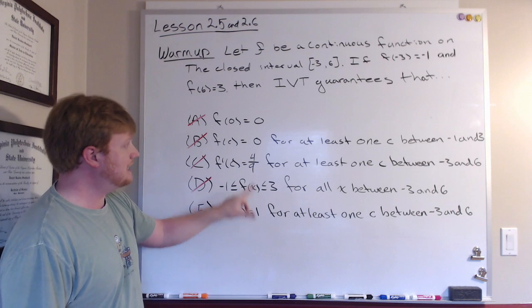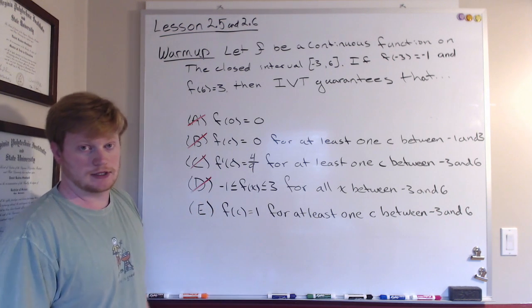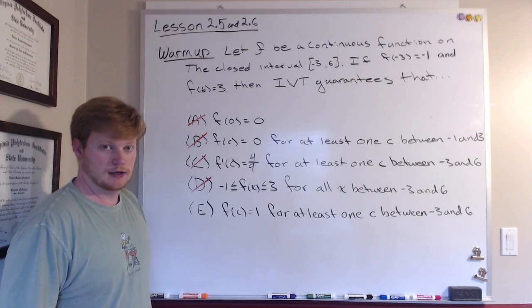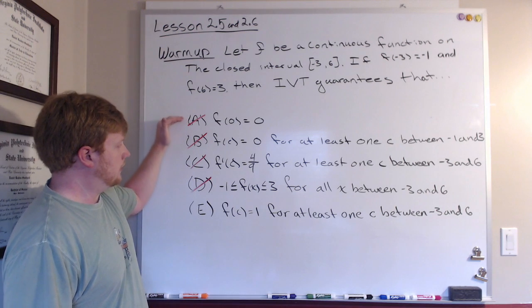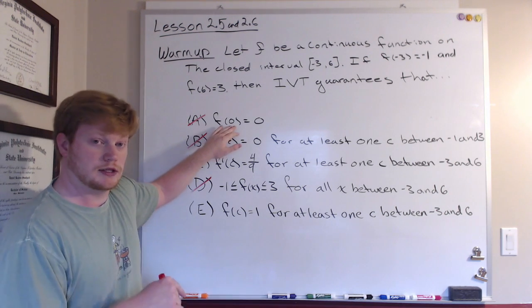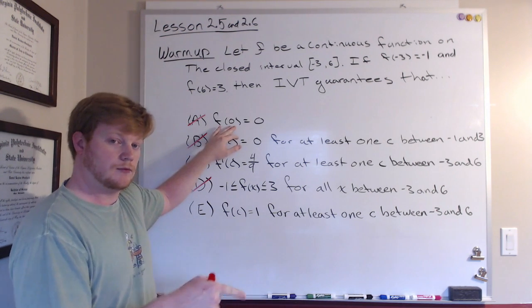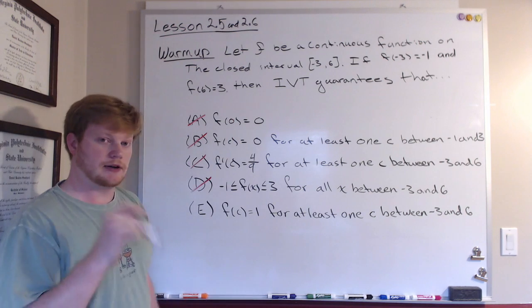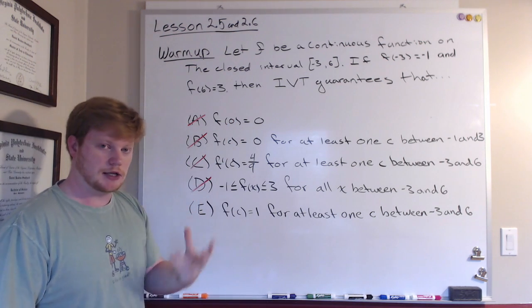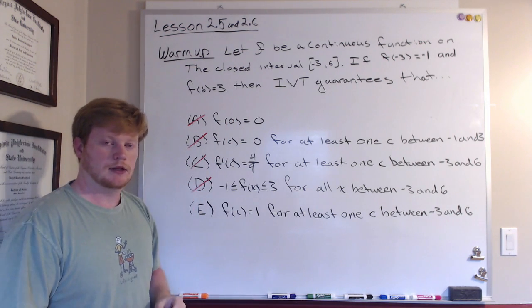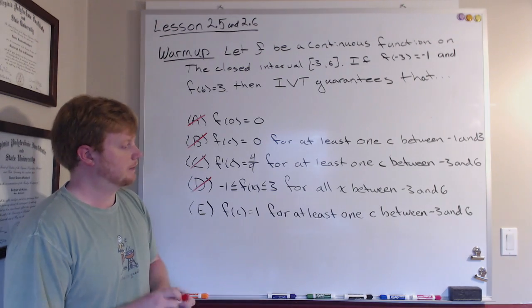This number could have been anything between -1 and 3, and the IVT guarantees that it exists. We don't know what the C value is that gets me there. We could figure it out, but it doesn't guarantee that it is a unique or a specific value.